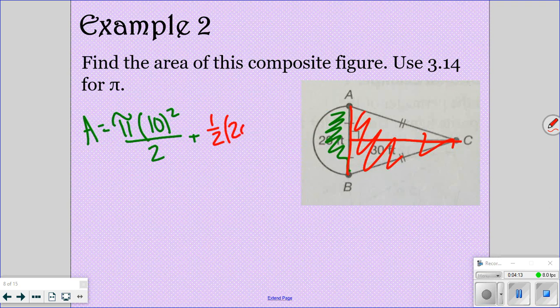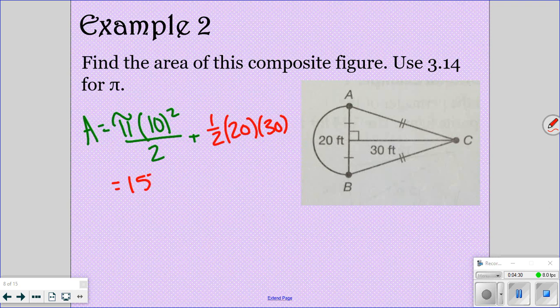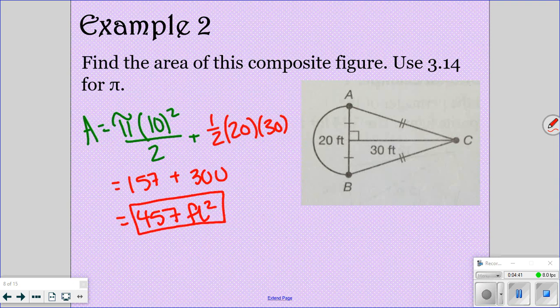So 1/2 times 20 times 30. And then if you multiply, you're going to get 157 plus 300. And if you add those together, you're going to get 457 feet squared. So that would be your answer.